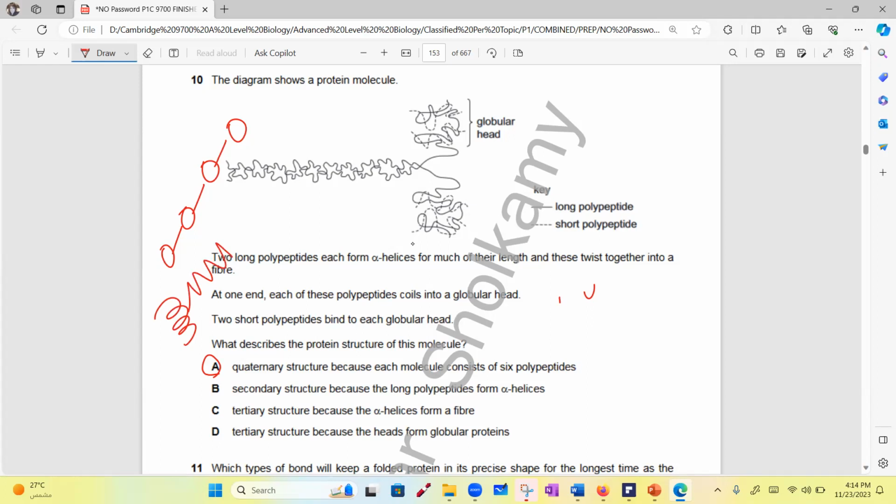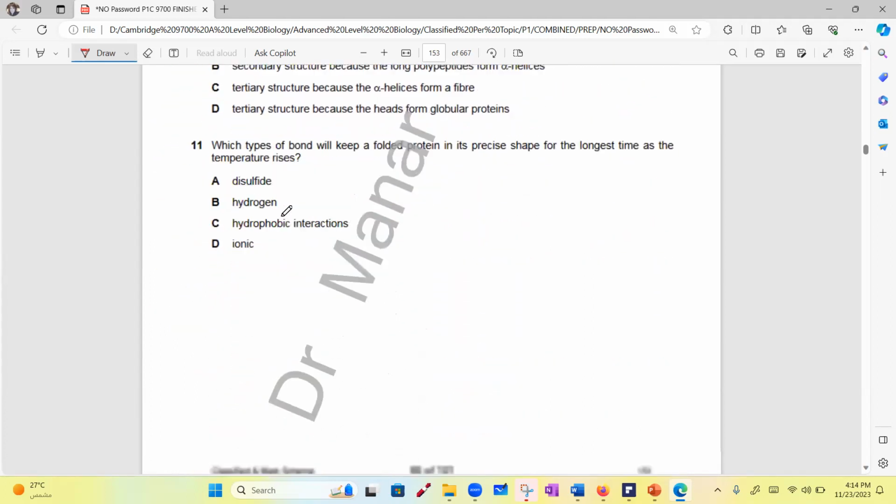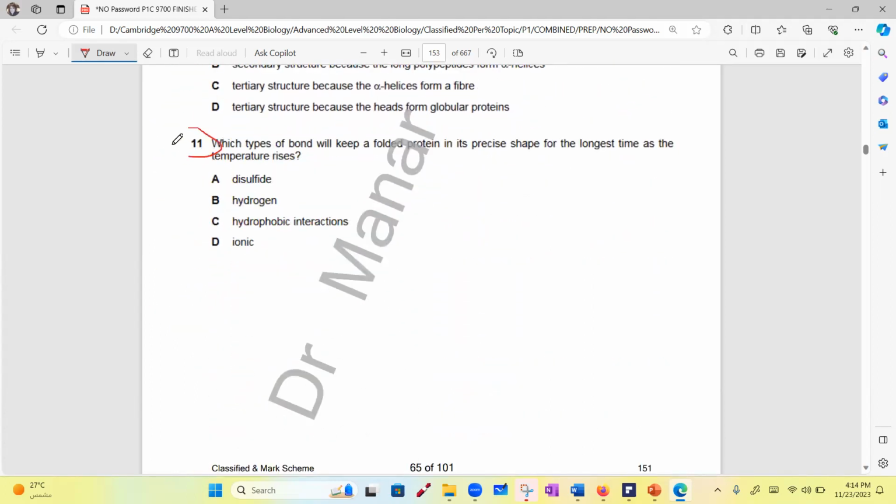The tertiary structure means that that secondary structure itself will fold some more to form a three-dimensional shape. So level 1 and 2 and 3, we are still talking about one single chain that will keep on folding and folding. Quaternary structure means more than one chain will work together. Maybe they're 2, maybe they're 3, maybe they're 4. So it's definitely A. So you understand the different levels? I hope you have no questions.